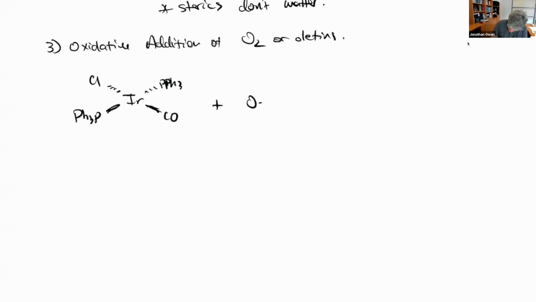Vaska's complex. Well, this is not Vaska's complex. Oh yeah, it is Vaska's complex. Well, I forget if the phenyl is or if it's the ethyl. It reacts with O2 in this way.